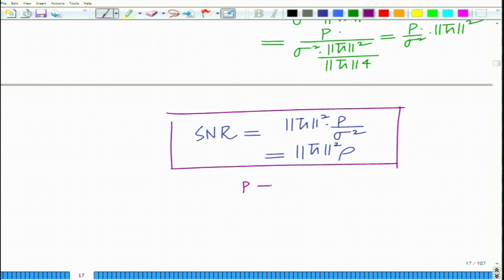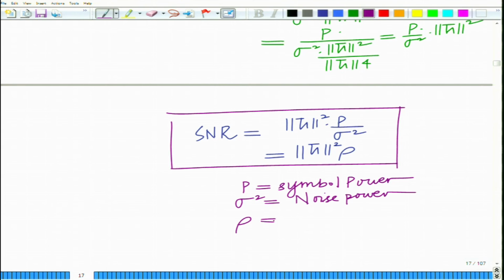P equals the symbol power, sigma square equals the noise power, and rho equals the signal power by noise power. You can think of this as the transmit power, because this is the power of the transmitted symbols. So, rho equals P over sigma square, which is the transmit SNR.